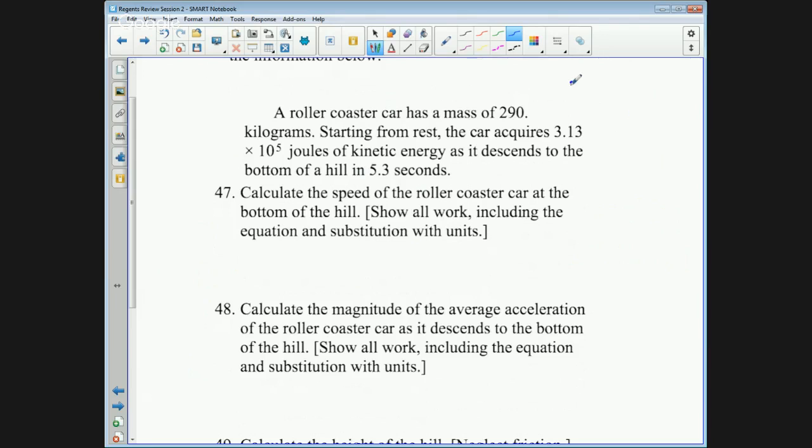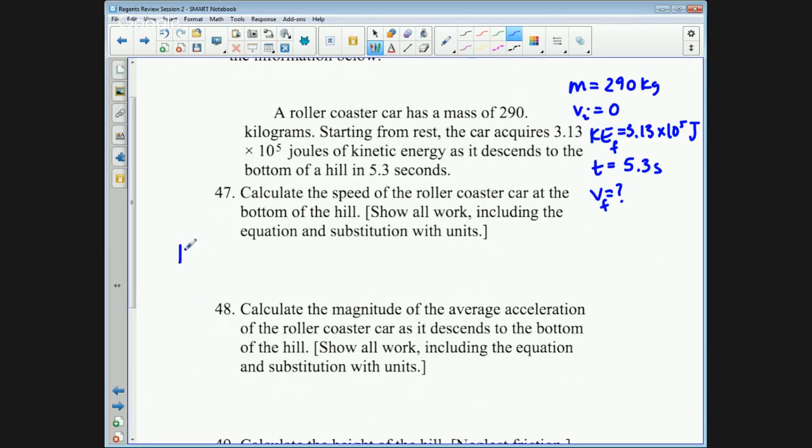Mass equals 290 kilograms. It's starting from rest, so V equals 0 initially. The car has a final kinetic energy of 3.13 times 10 to the 5 joules. And the time it takes is 5.3 seconds.